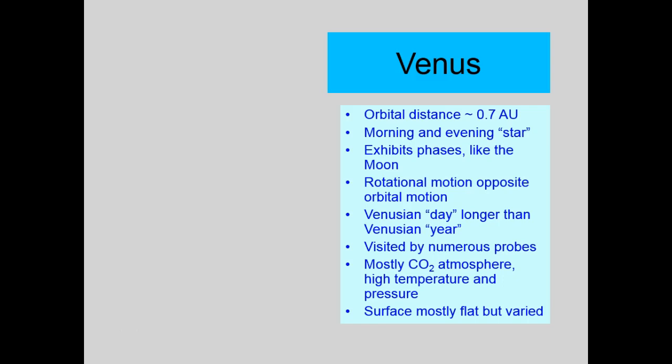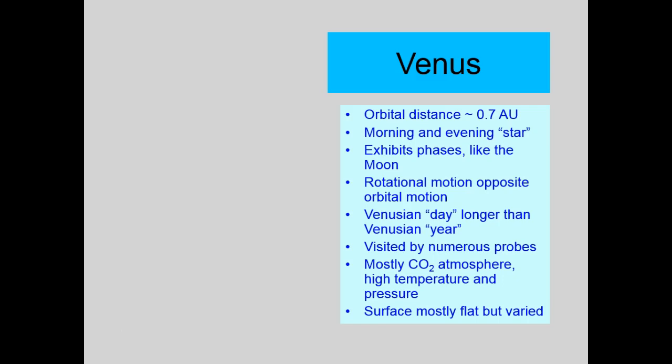Now this is incredible. Remember, Mercury's back here at 4/10, two-thirds of the way from the sun to Earth, whereas Venus is over here at 7/10. Less than half the distance between Mercury and Earth, you'll find Venus. So it's more than twice as far from the sun as Mercury.